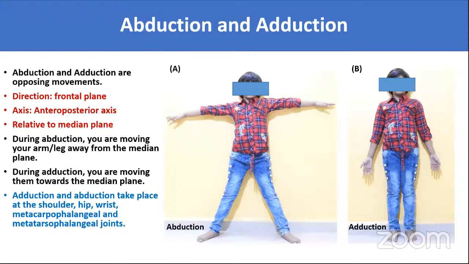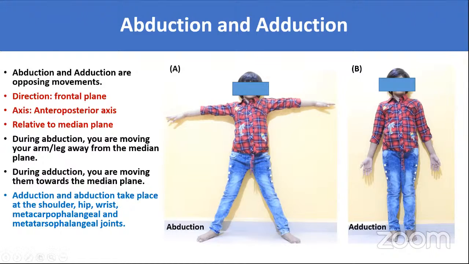Next is the abduction and adduction. Abduction, from this, ab means away, away from the medial axis, whereas adduction means bringing back to the medial axis or to the median plane.